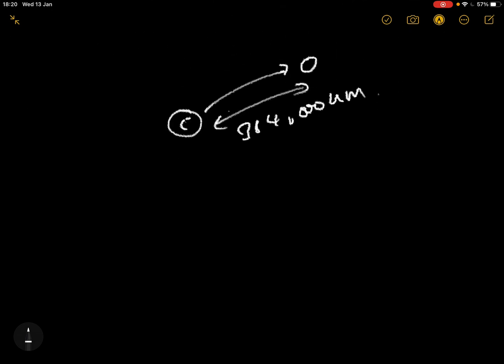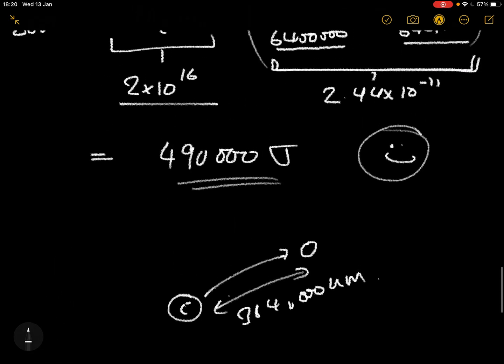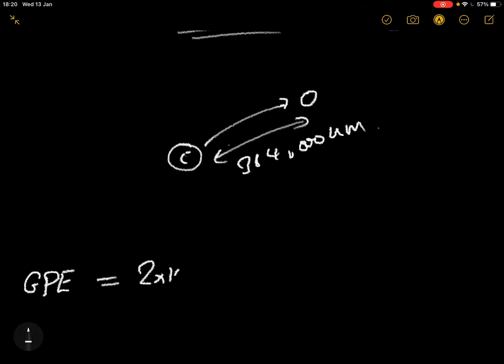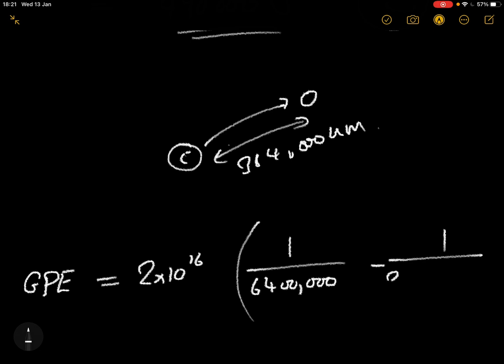So we end up with the GPE that you gain to send this 50 kilogram object to the moon is 2 times 10 to the 16, and then we've got 1 over 640000 minus 1 over 384,000 kilometers.